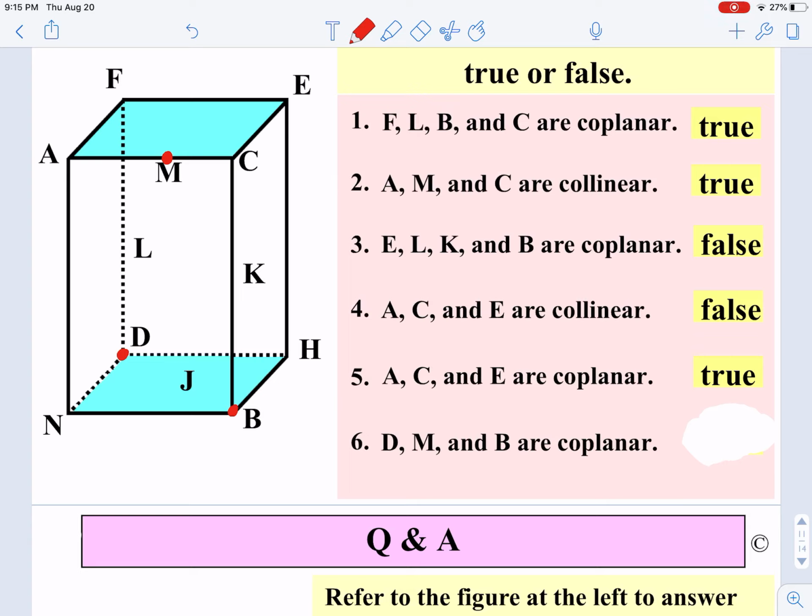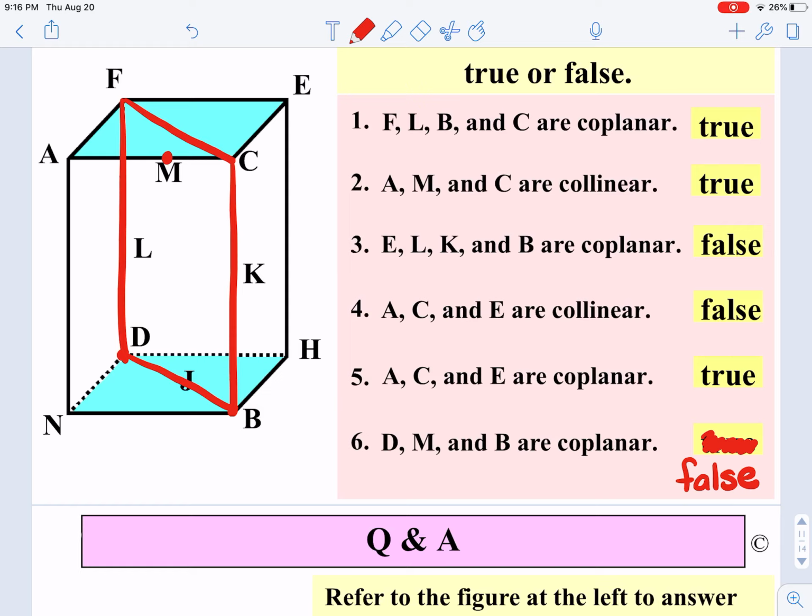But what you'd have to imagine here is, if I sliced through here and I sliced through here, okay, I would have them here. But it would never touch M. M is the oddball there, and he would not be on the same plane. So actually, that one's wrong. That one is not true. Sorry, little typo there. D, M, and B are not.